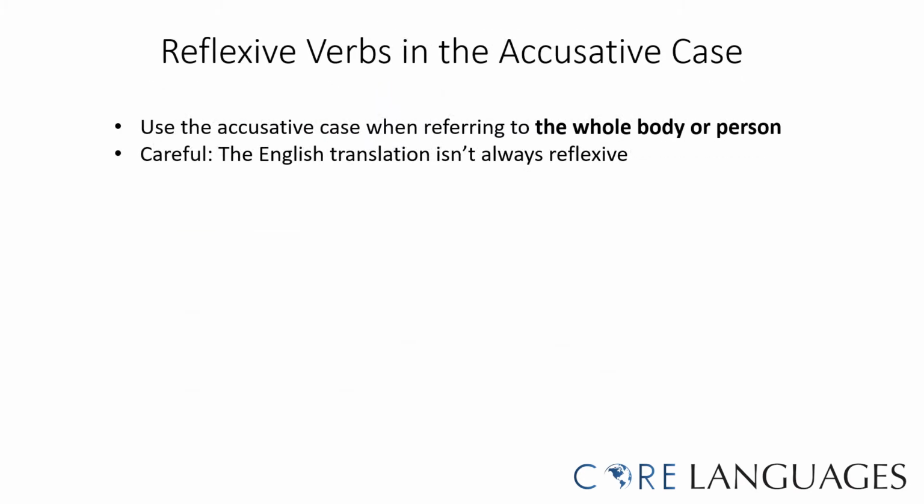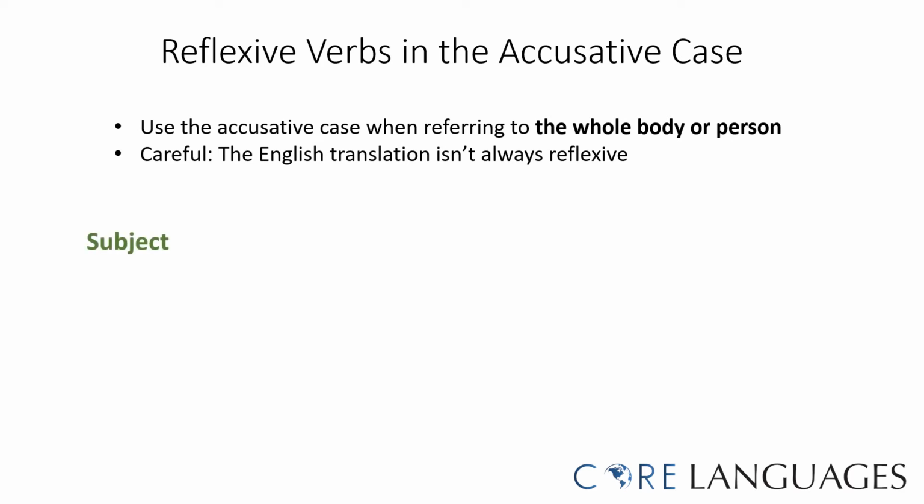One thing that helps us identify when to use the accusative case with a reflexive verb is when we are referring to the whole body or a person. One thing that is confusing about reflexive verbs in German is that the English translation isn't always reflexive. A reflexive verb in German isn't by default reflexive in English.